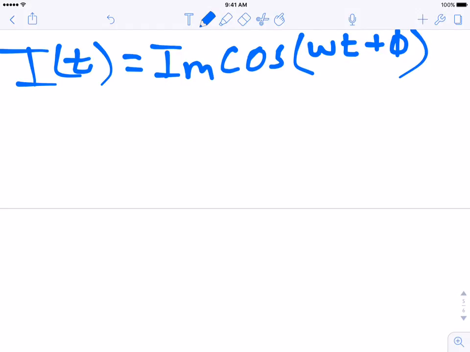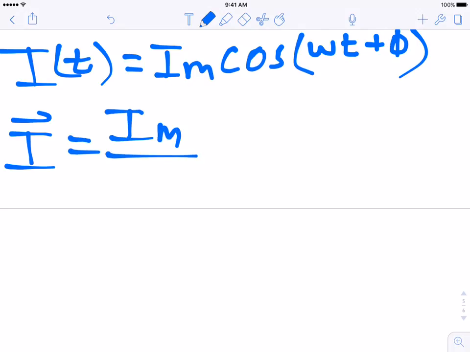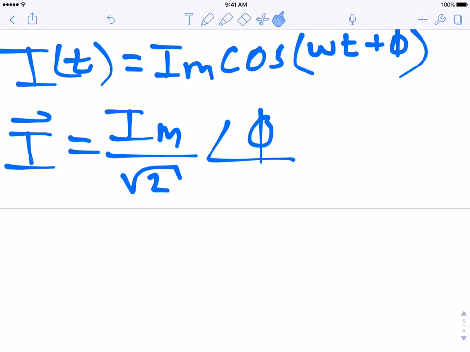So if you want the phasor form of this, well, it's going to be the same. It's going to be Im over root 2. You don't want to use a root 3. You want to use root 2. Root 3 we'll get to later when we do three-phase circuits. And then we put the phi over here. Okay, so that's the current.